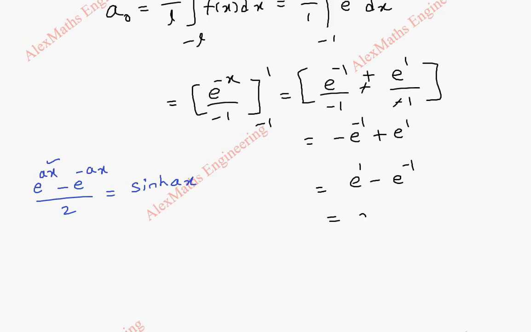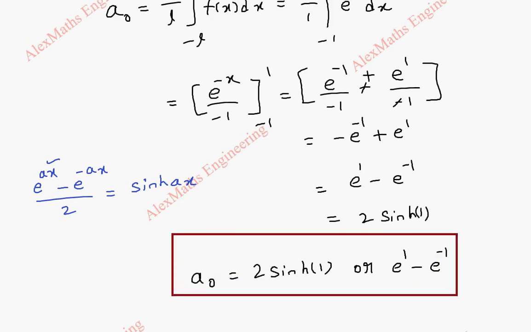So this is 2 sin h of 1. So we got a naught equal to 2 sin h of 1. We can keep either this or our original term e power 1 minus e power minus 1. Anything is fine here. So we got a naught.